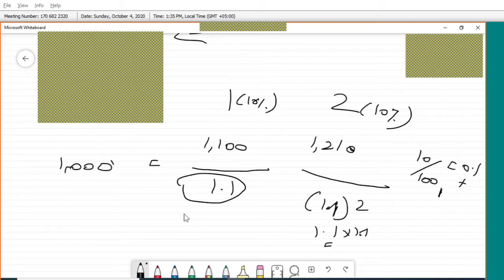So 1210 divided by 1.21 equals, again, what is the value of the present year? 1000 rupees. Again, the value becomes 1000 rupees. So this is what present value is.